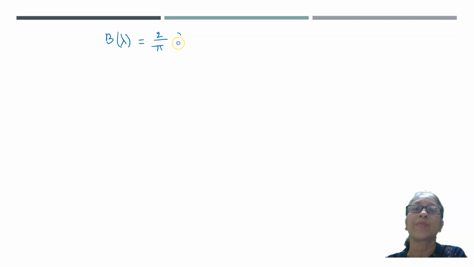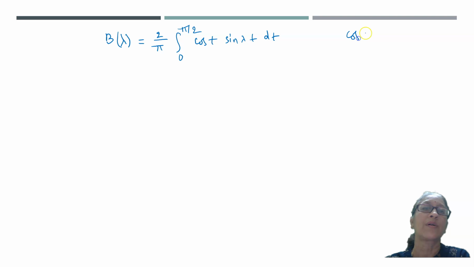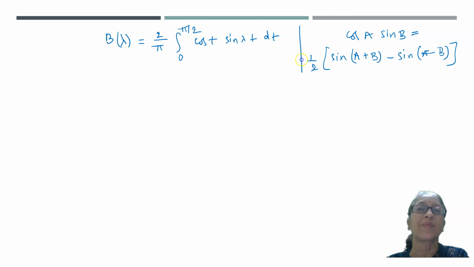Now cos a sin b equal to 1 by 2 into sine (a plus b) minus sine (a minus b). So apply this formula to simplify cos t into sine lambda t.